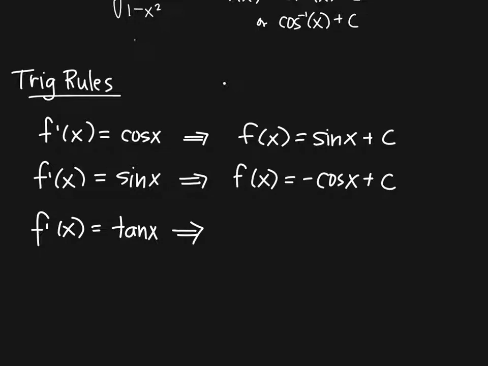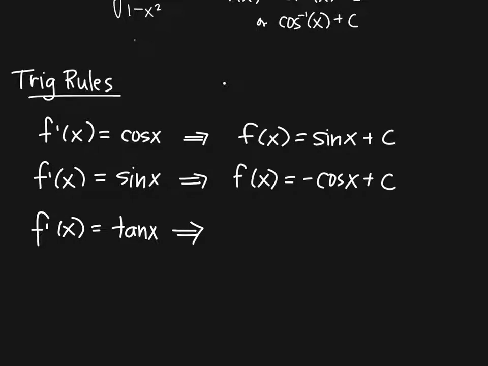Temeskin says secant squared. That's the derivative of tangent. I'm not being very nice here, I don't think. Is tangent anybody's derivative? No. Well, it's something, but it's not one of the six trig functions.